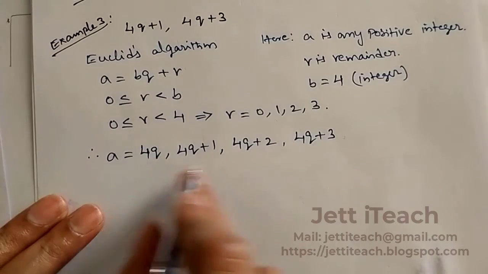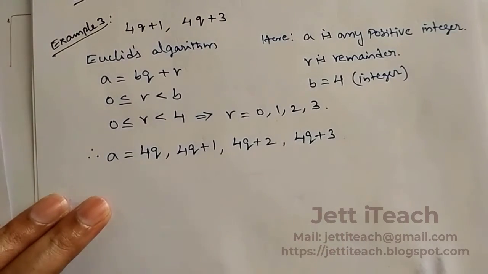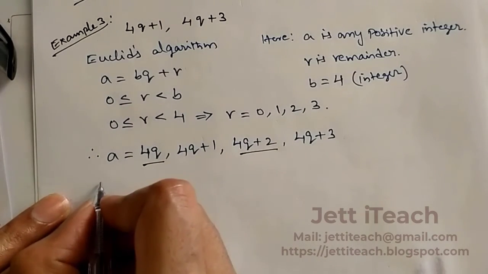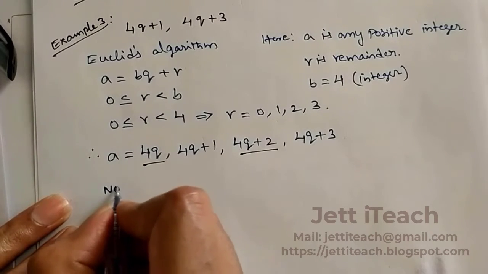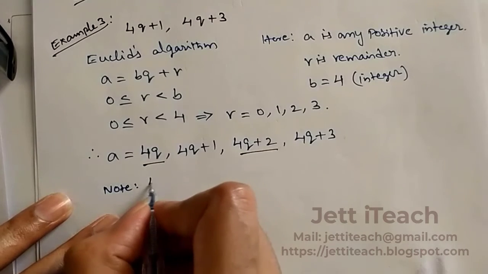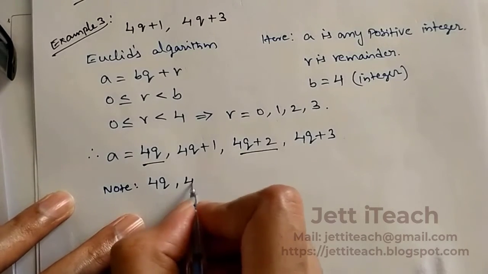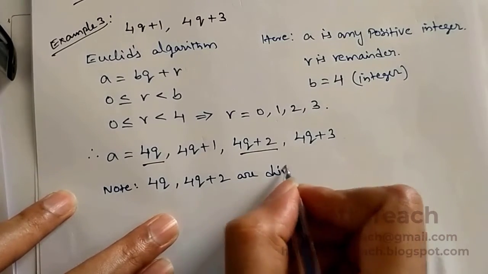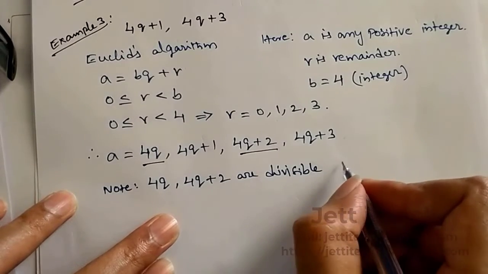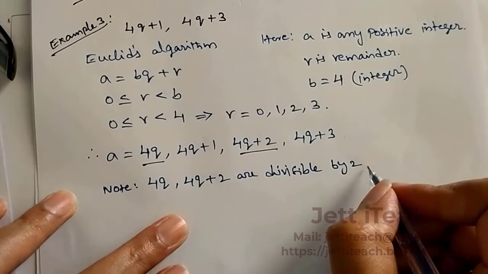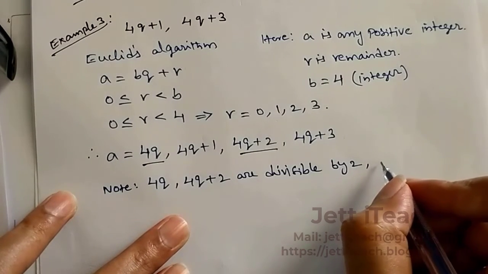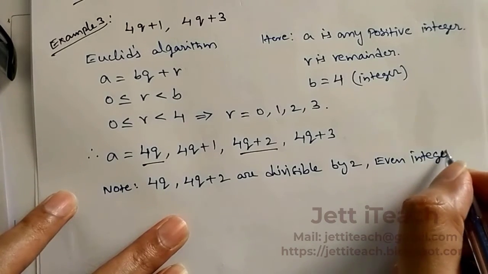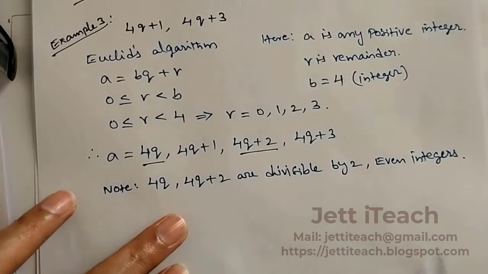So 4q and 4q plus 2 are divisible by 2. They are even integers.